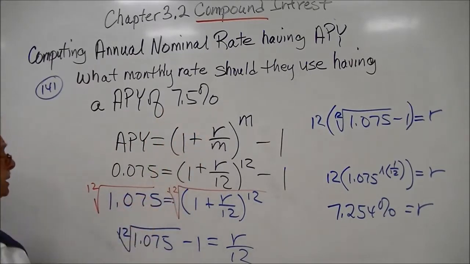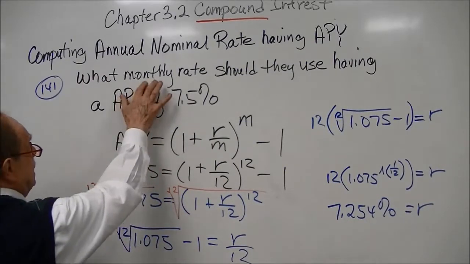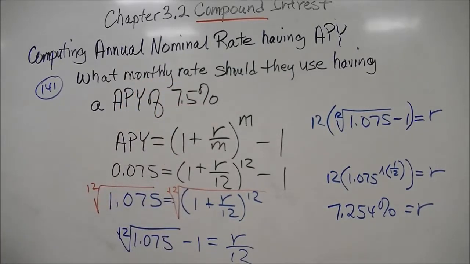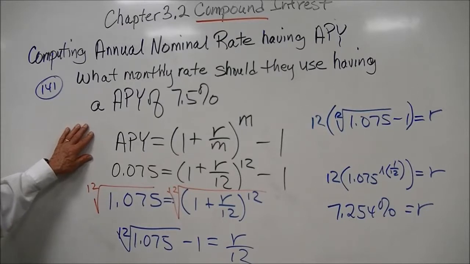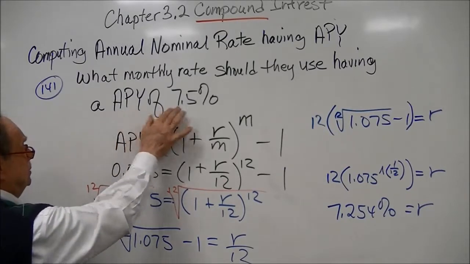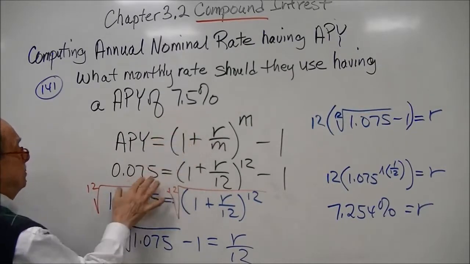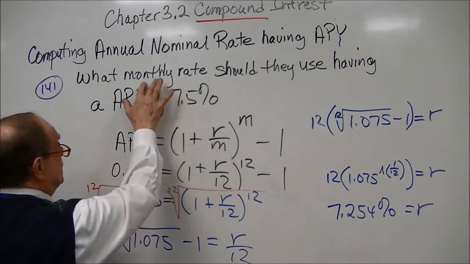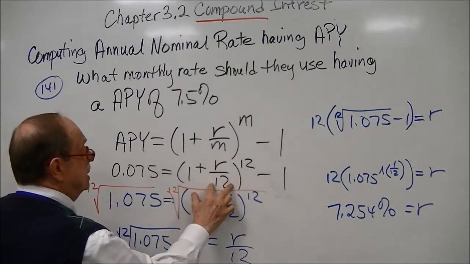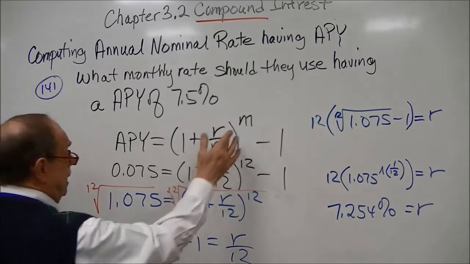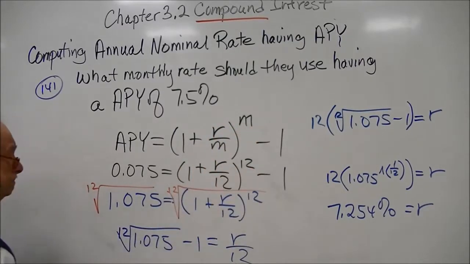But what rate should they put on it as their regular rate? They're going to compound it monthly. So there's our basic formula. And we know our annual percentage yield is 7.5%, so that goes there. We know we're going to do it monthly, so our M is 12. We don't know the R. And our M up here is still 12.